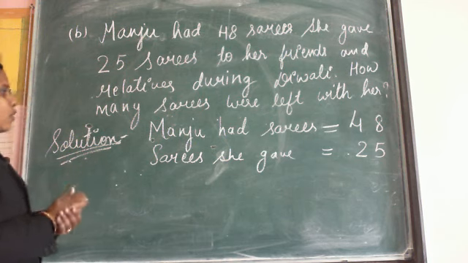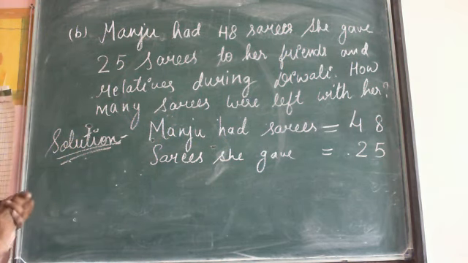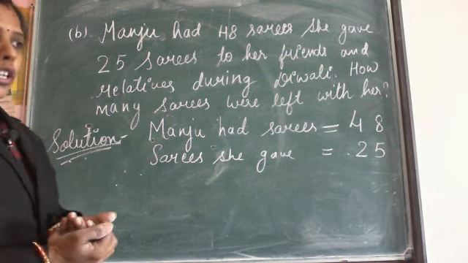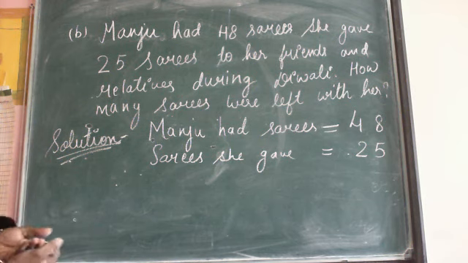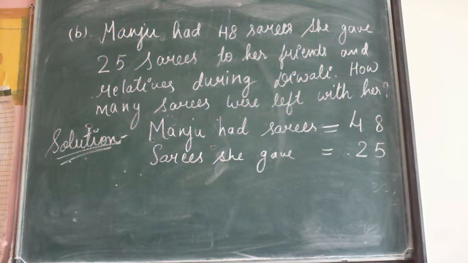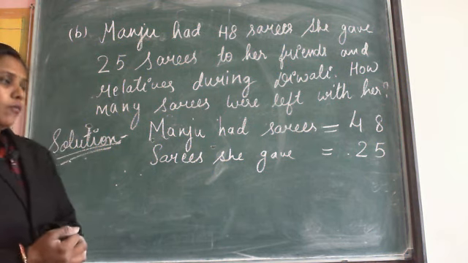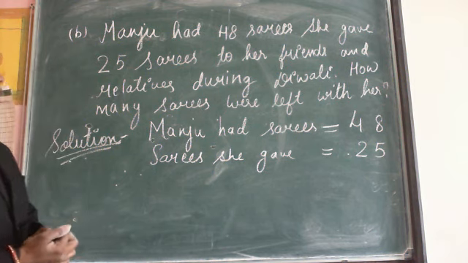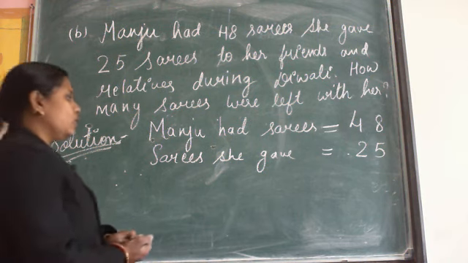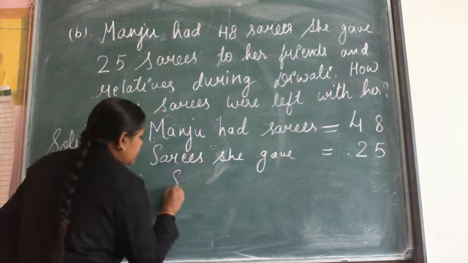So in the first line of the solution, Manju had saris. The total number of saris she has is 48, and the number of saris she gifted to her friends and relatives during Diwali is 25. Now how many saris were left with her?